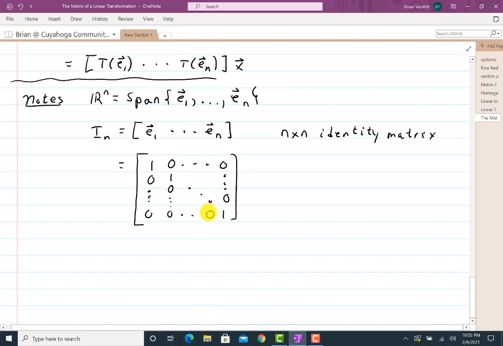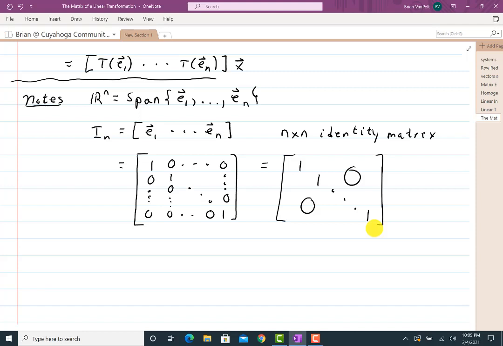And so sometimes you'll even see this. You may see the book do something like this, and they'll just put big giant zeros here to indicate that on the main diagonal, you have all ones, but anything off of the main diagonal is 0.